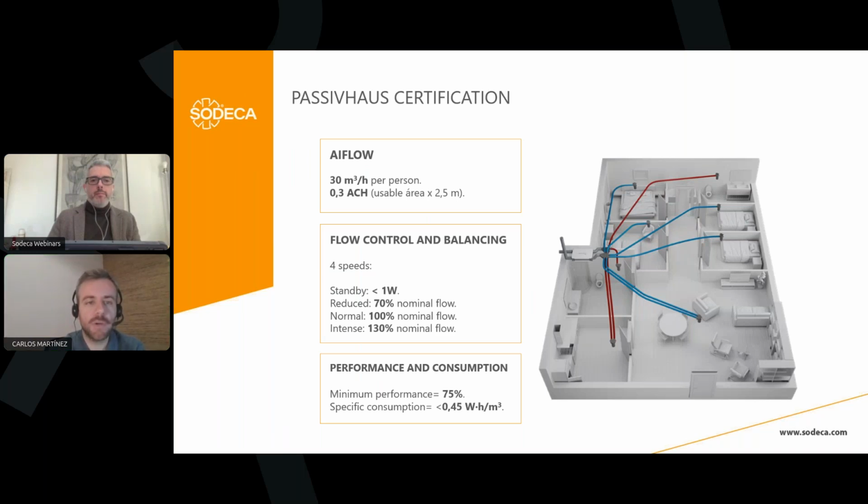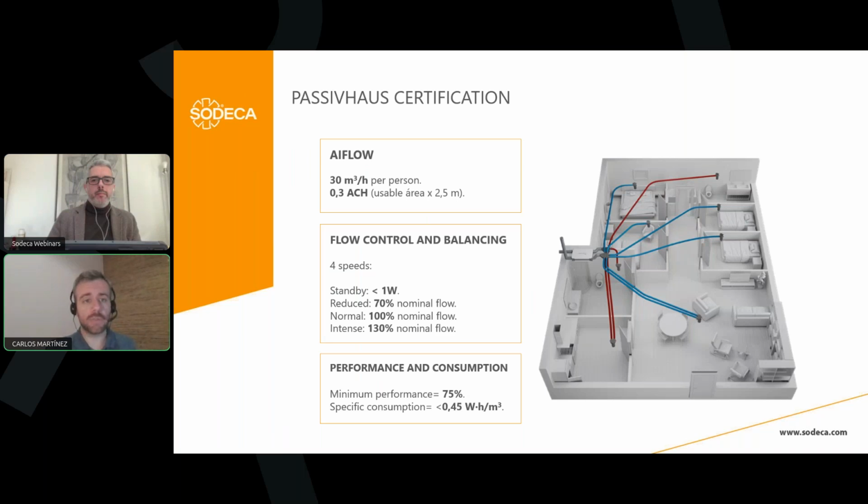Per person, we need to bear in mind 30 cubic meters per hour for each person we will have inside the house. And using the total volume of the house, we can also calculate 0.3 air changes per hour in order to calculate the airflow. We normally will use the result of these two methods that is the higher requirement. Okay.